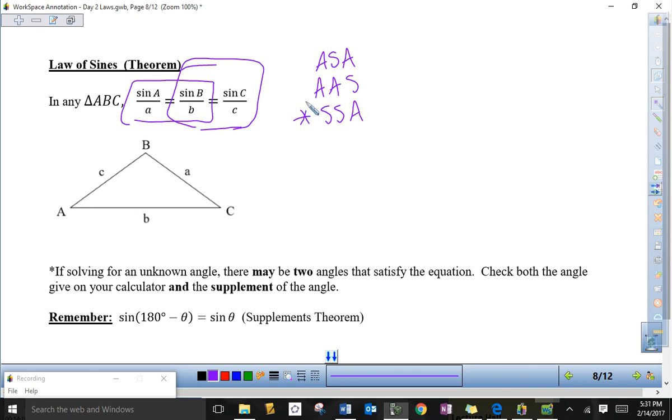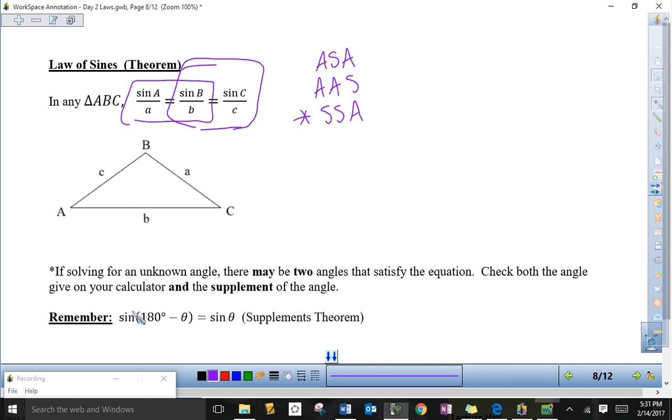Now, this last case is going to be a little bit tricky because when you're finding a missing angle, it's not going to be unique. That's what this part down here says with your asterisk: if solving for an angle, there might be two angles that satisfy your equation. We have to check both the angle that our calculator gives us, and the supplement of the angle.